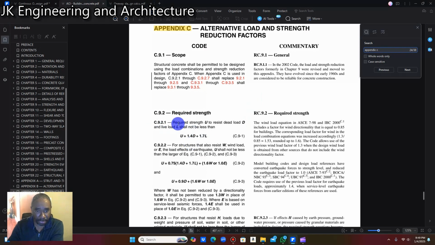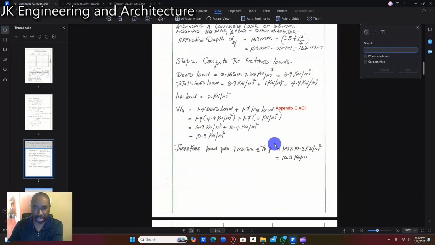So you see here, required strength U to resist dead load D and live load L shall not be less than ultimate weight, or U, 1.4 dead plus 1.7 live. All right, so that is where that is coming from. Right, so we'll go back to our calculation now.